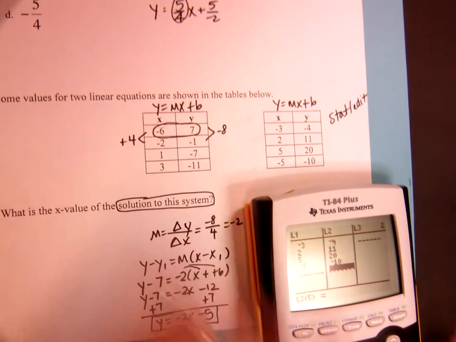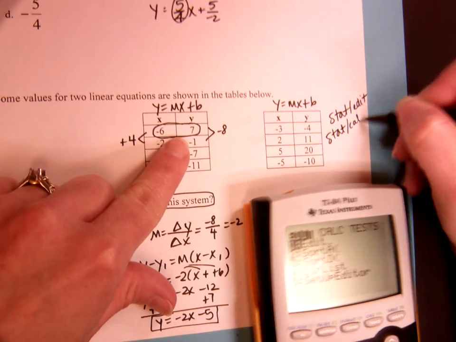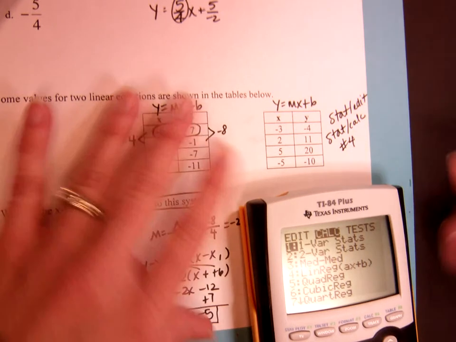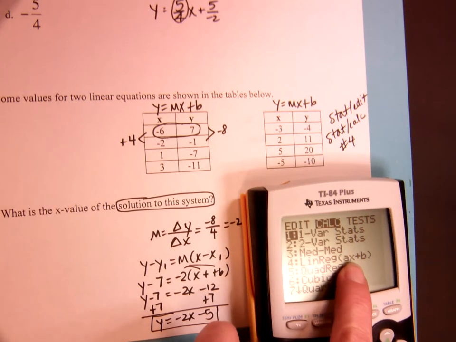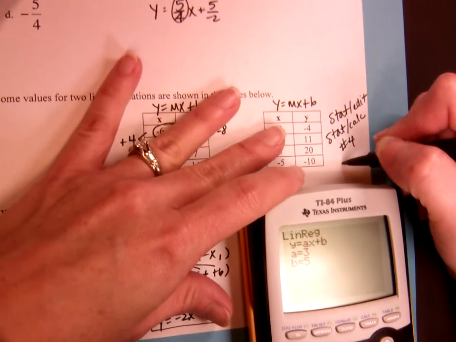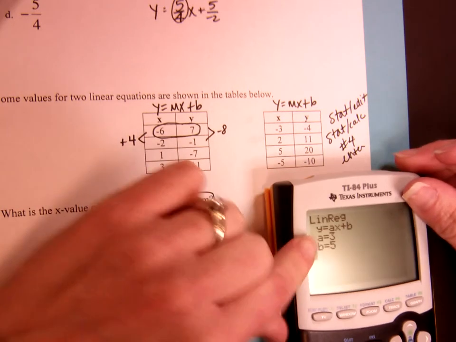Now we go back to Stat again, but this time we're going to arrow over to Calculate. And we're going to do number 4, which is the one that looks like y equals mx plus b. So if we type that and press Enter, it will give us the other equation, y equals 3x plus 5.